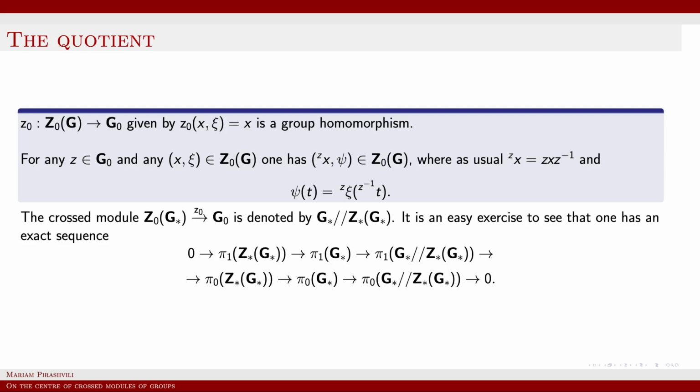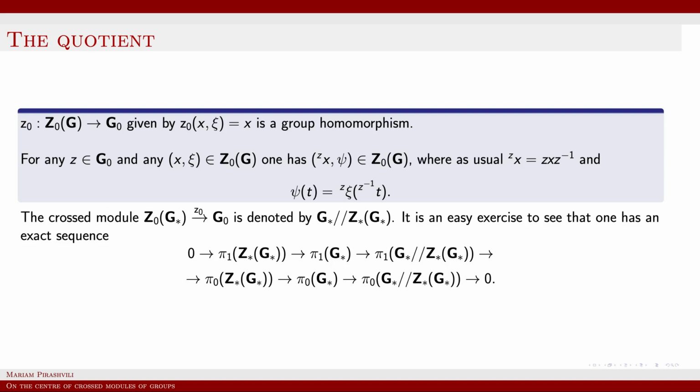Now, I also said that this vertical homomorphism is also a crossed module. In fact, we can think of it in some sense as the quotient. When we have a group, we have its center, and then we can consider the quotient of the group by its center. We can do something similar in the setting of crossed modules.